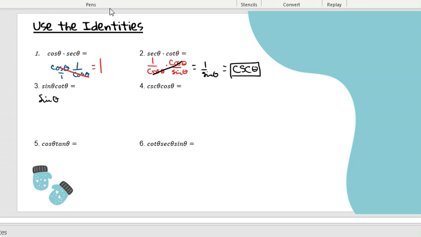Sine times cosine over sine, and thetas, of course, are attached. These cancel. It just leaves me cosine theta. I have cosecant, which is 1 over sine times cosine theta, and you're welcome to put it over 1 if you like. That gives you cosine over sine, which is tangent.